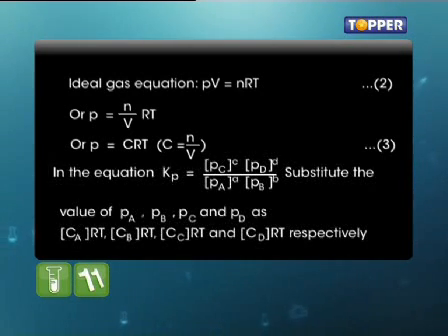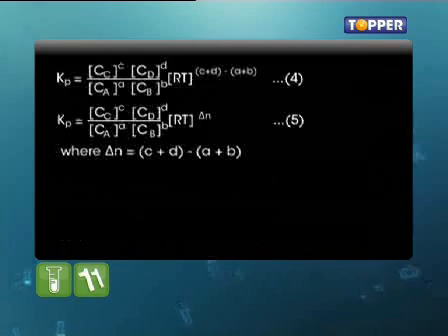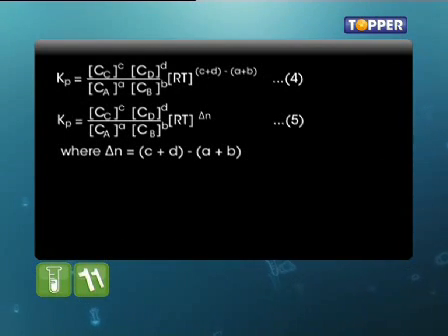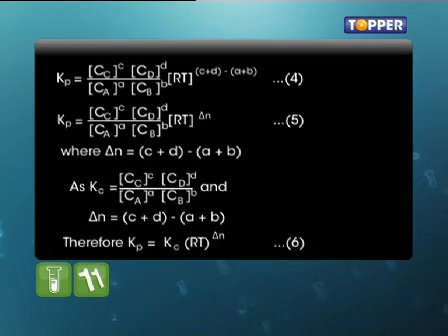On the basis of this formula, we can express equation 1 in terms of concentration as well. Now, delta n is equal to the change in the number of moles of the gaseous components in going from reactants to the products. So, Kc and Kp can be related as shown by equation 6.